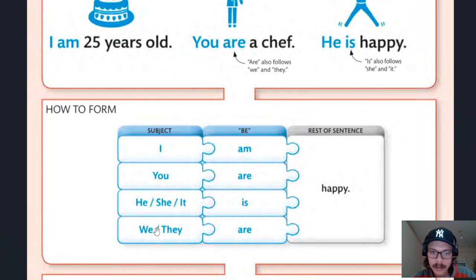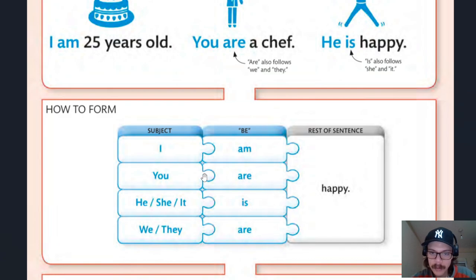And again, I'm going to give you a tip which simplifies it a little bit. I is the only one that goes with am. So that's one that you just have to remember. Okay? It's just like first person goes with am. All right? Everything that is plural, so you, we, and they, goes with are.